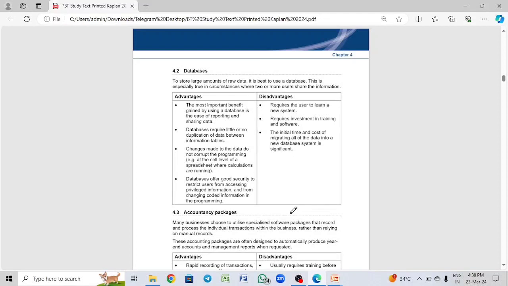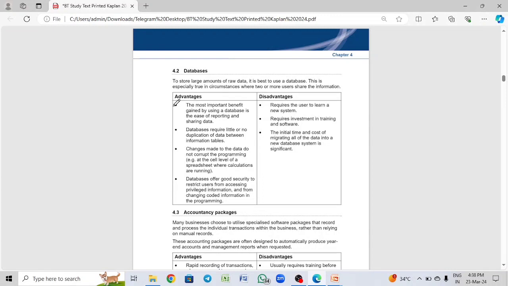Now databases. What are the advantages of databases? The most important benefit gained by using a database is the ease in reporting. Like I told you, various databases are linked to each other so that information is viewed and shared in all the computers.